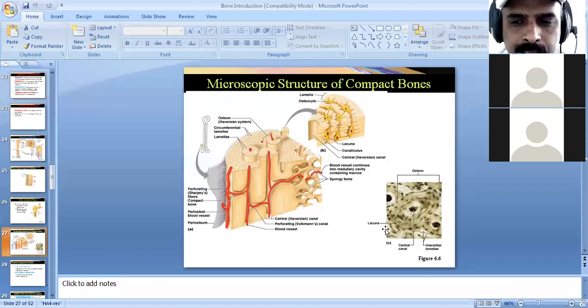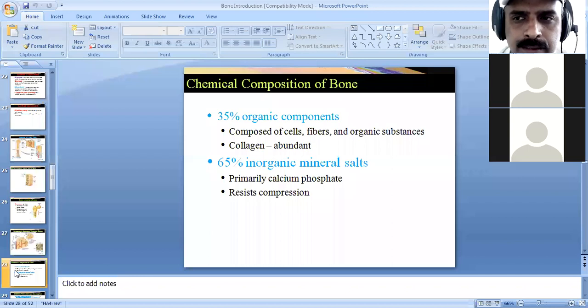So lamellae, lacuna, osteon, and central canal are all present. We are going to see the structure under the microscope. When you see why this bone is very hard, even when you see the cartilage of the bone, that cartilage is very soft.